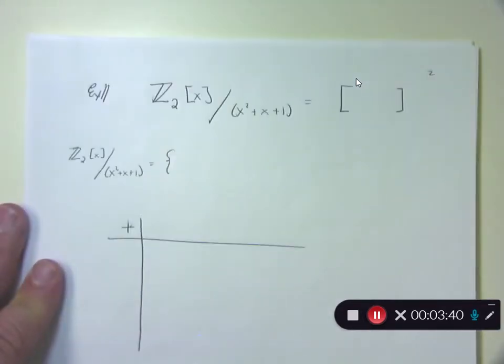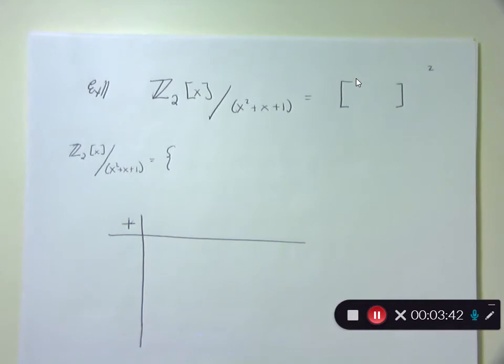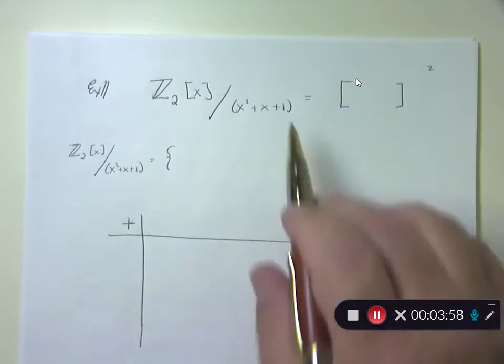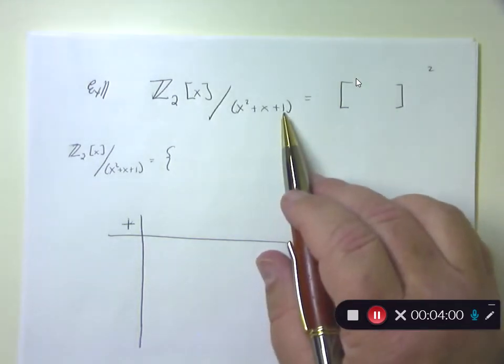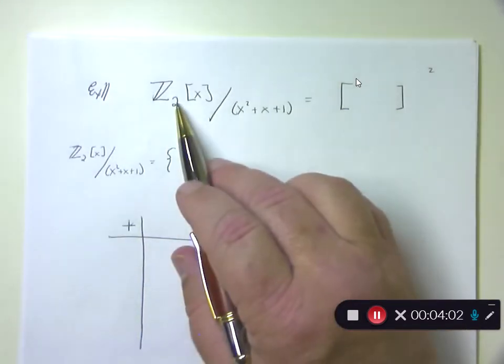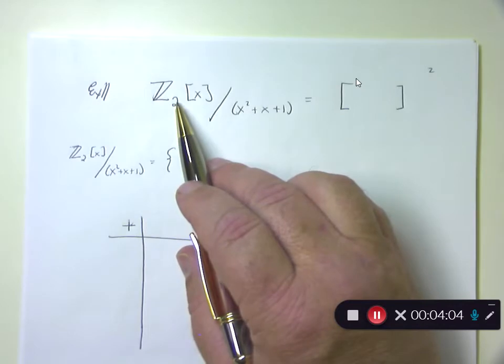So here we go. I've got a problem for us to work together on instead of me just reading off the ideas and paraphrasing them. So here is an example. I have Z2 adjoin x modded out by the polynomial x squared plus x plus 1. If I'm going to make myself an example, I'm going to do something nice.